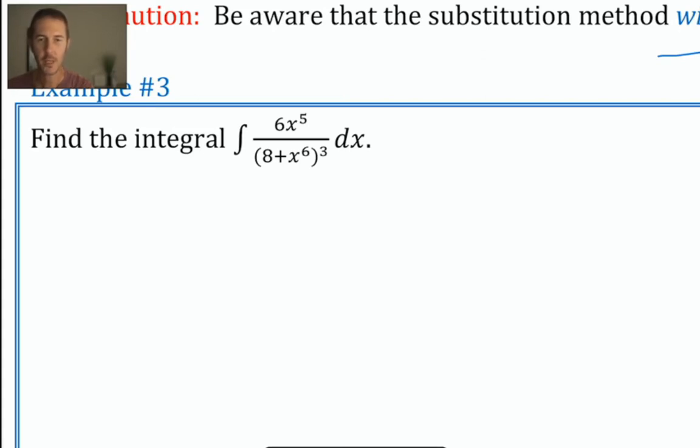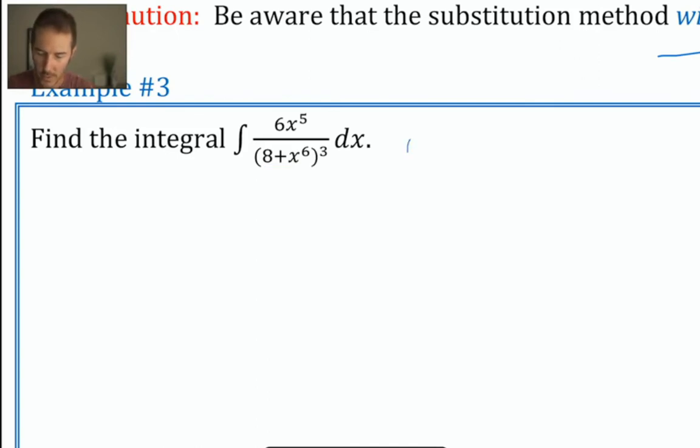Here, what jumps out at me in this problem is the fact that the derivative of part of the denominator, just this part, is equal to the numerator. So when I look at any of these integration problems and I see that the derivative of part of it is equal to another part of it, or the derivative of part of the integrand is equal to a constant multiple of the rest of the integrand, that's what's telling me that I need to use substitution.